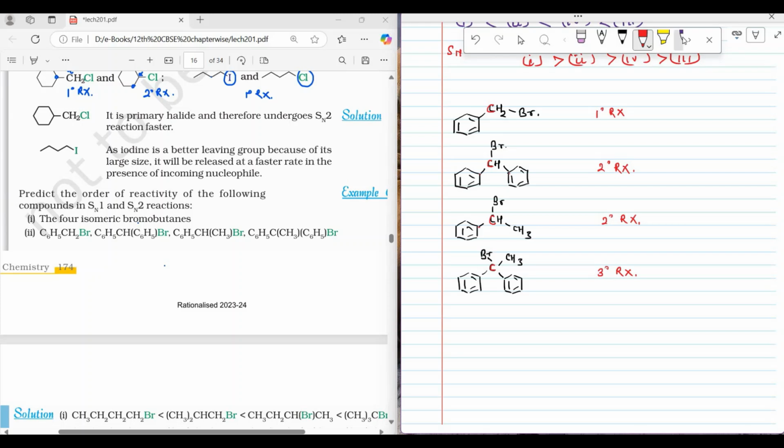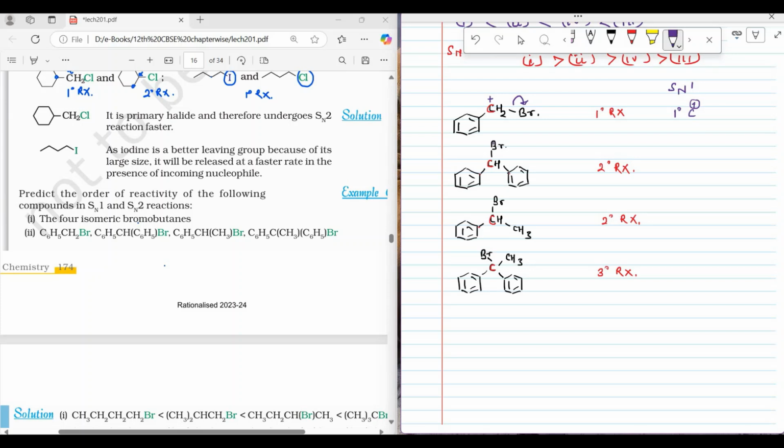For SN1 reaction, identify the type of carbocation formed. Here when this Br leaves the molecule in the form of Br negative, positive charge will develop at this carbon and this carbon will result in the formation of primary carbocation.